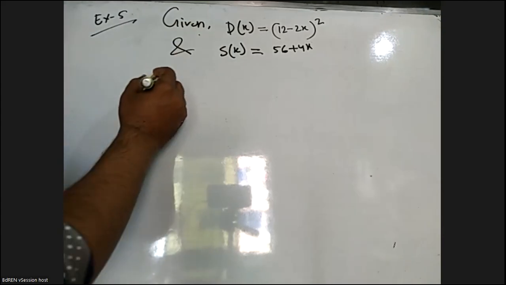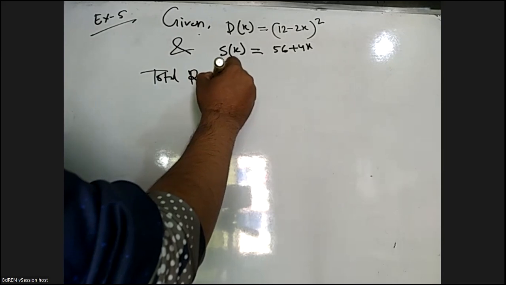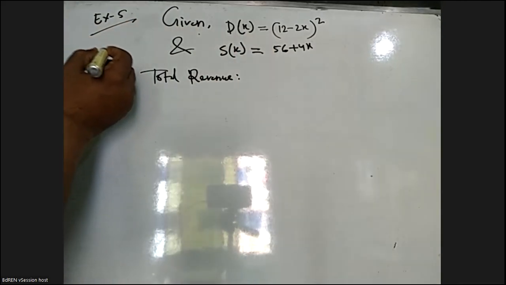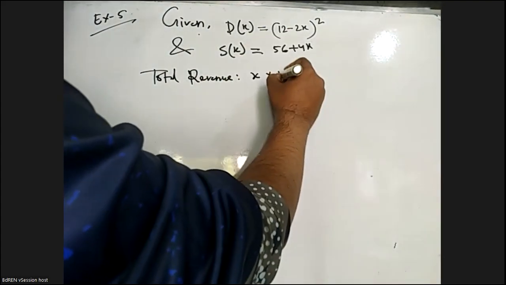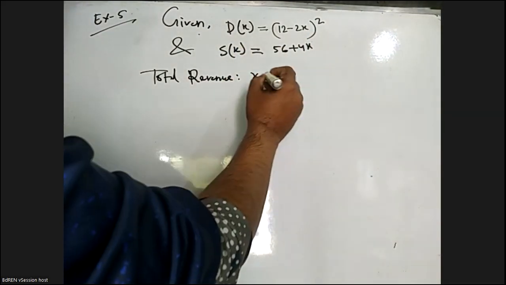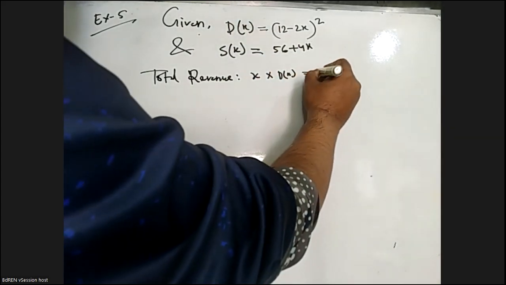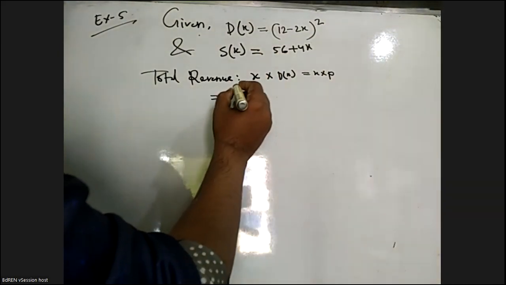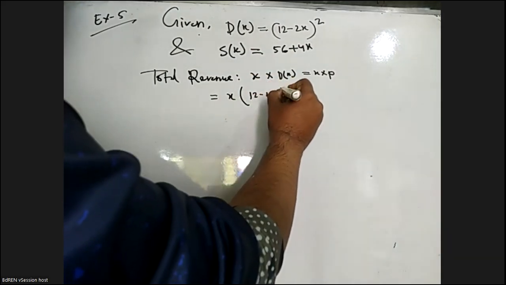Now total revenue. We must know total revenue equals number of units produced multiplied by the demand function, or price. This can be written as x multiplied by p. So this can be calculated with the demand function 12 minus twice x whole square.